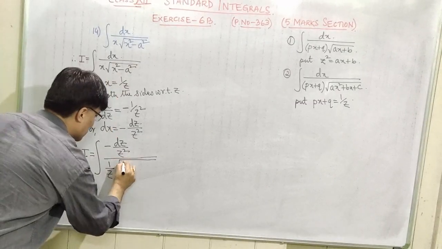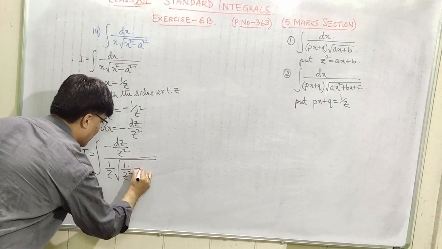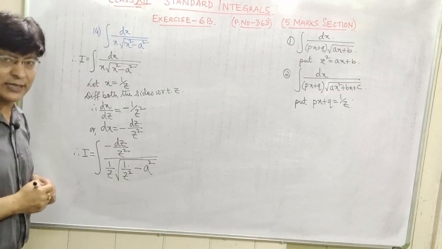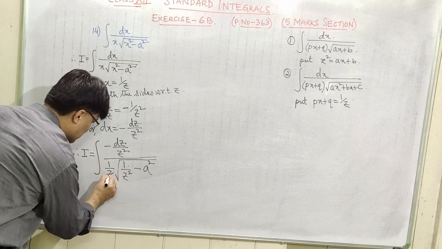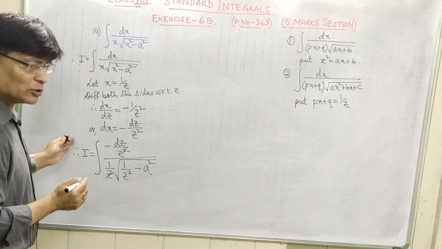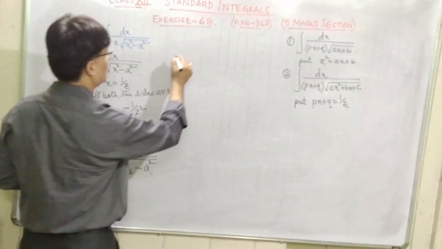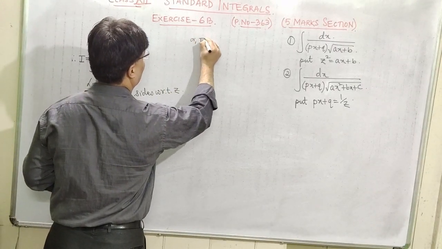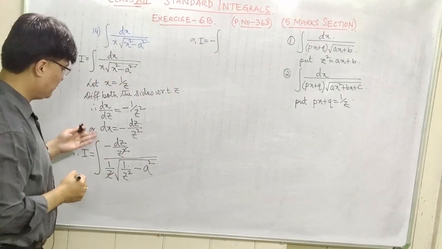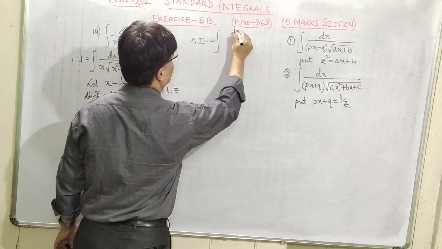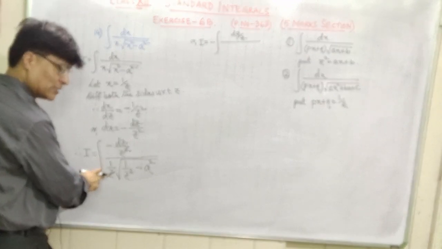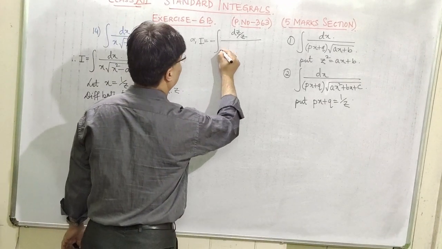It is 1 by z whole square, that is 1 upon z square minus, then a square is kept as it is, that is your a square. Is that clear? So here you can cancel this z and the square will be cancelled. So now you can take only the minus sign outside. So I is equal to minus integration of dz upon z divided by, this z is cancelled. So within the square root, what's the LCM?